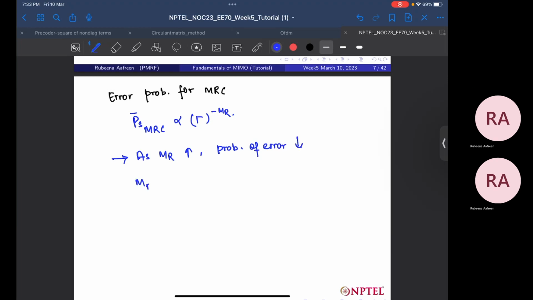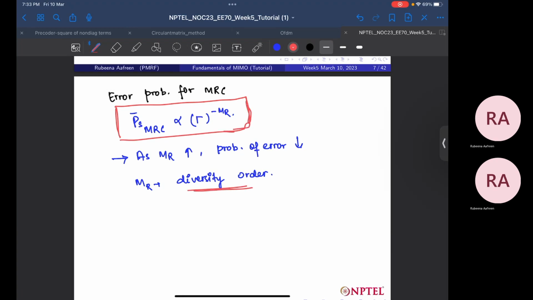This MR is called the diversity order. Okay, so we will solve some questions based upon this.